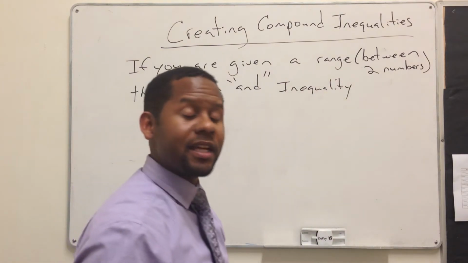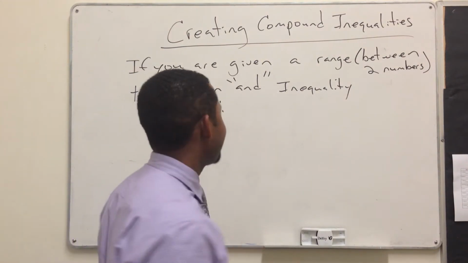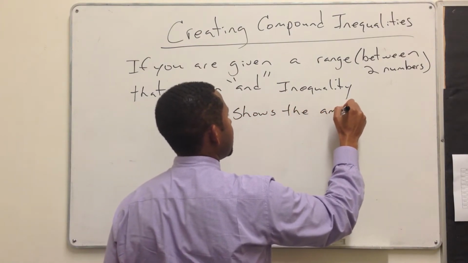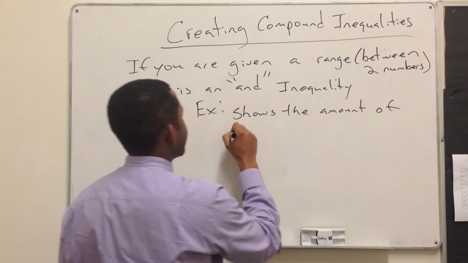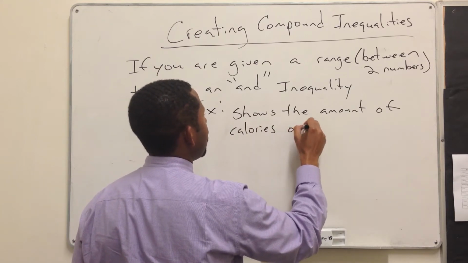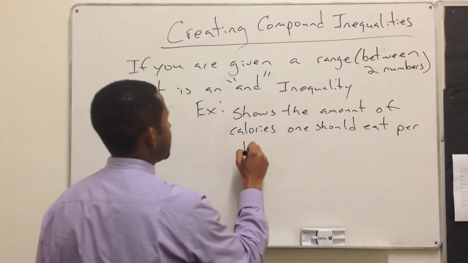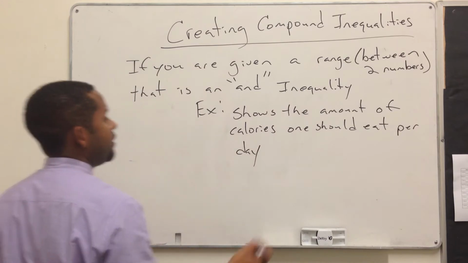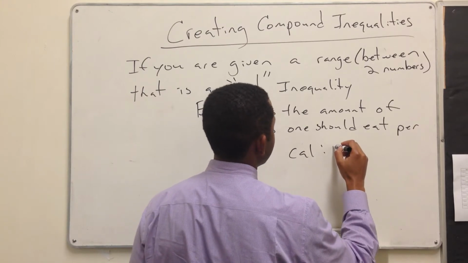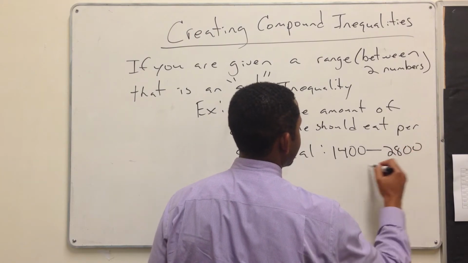So for example, if they say, give me a compound inequality that shows the amount of calories one should eat per day, and the calories are anywhere between 1,400 and 2,800 calories.